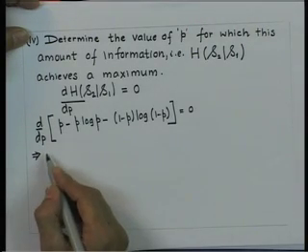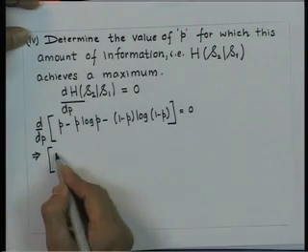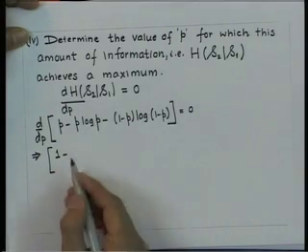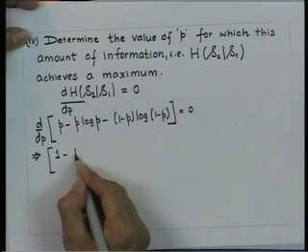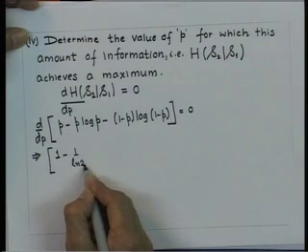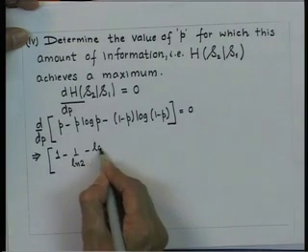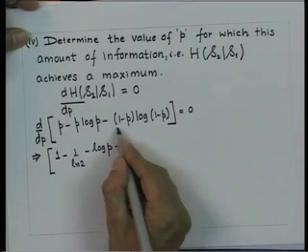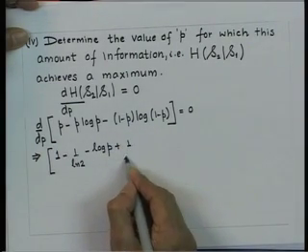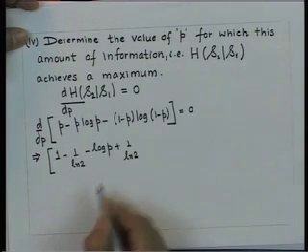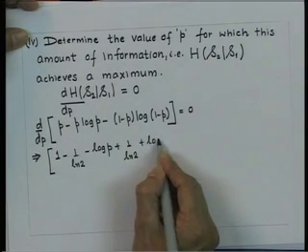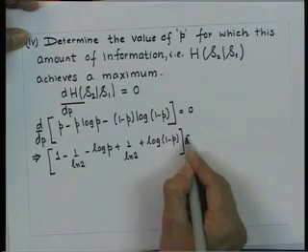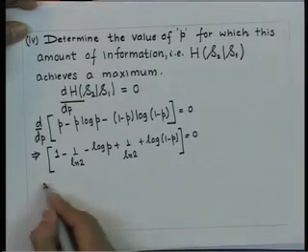This implies the derivative of this is 1, the derivative of p log p will be 1 by log 2 minus log p, plus the derivative of this quantity would be plus log of 1 minus p.